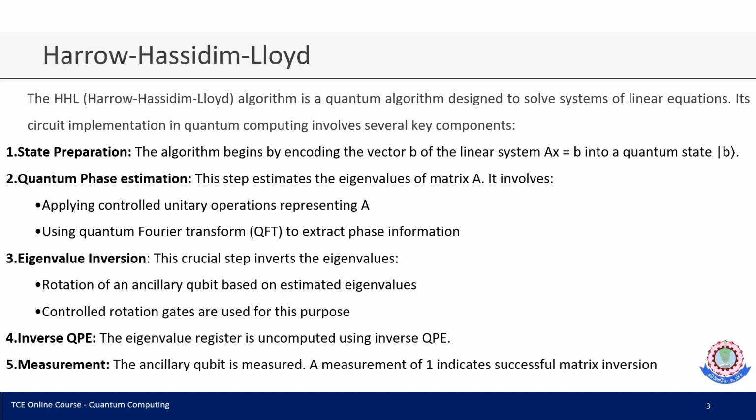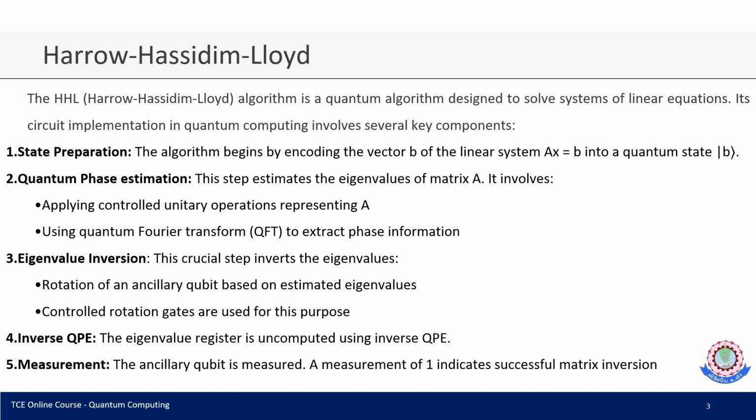In state preparation, the algorithm begins by encoding the vector B of the linear system Ax = B into a quantum state, ket B. In the second step, quantum phase estimation, we calculate the eigenvalues of the matrix A. It involves applying controlled operations representing A and using the quantum Fourier transform, QFT, to extract phase information.